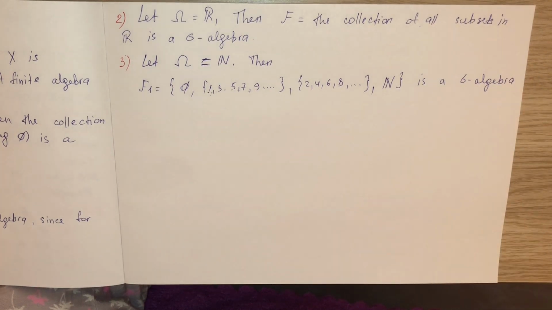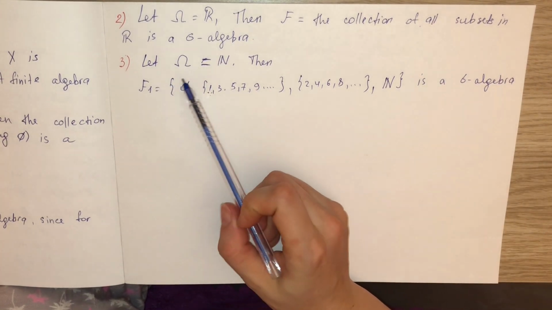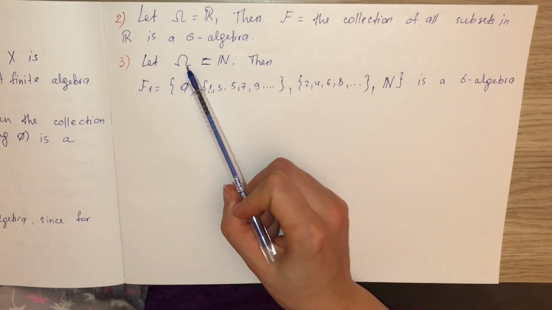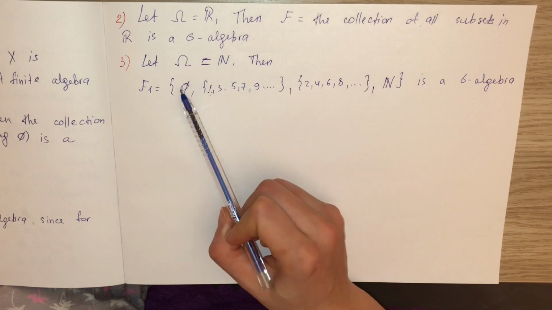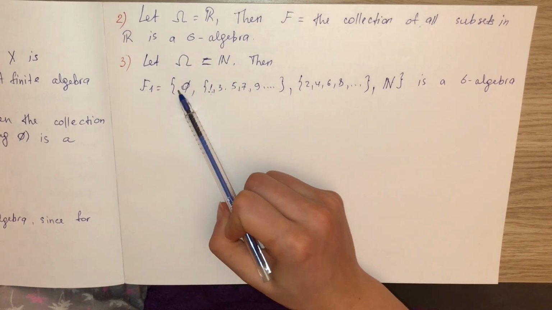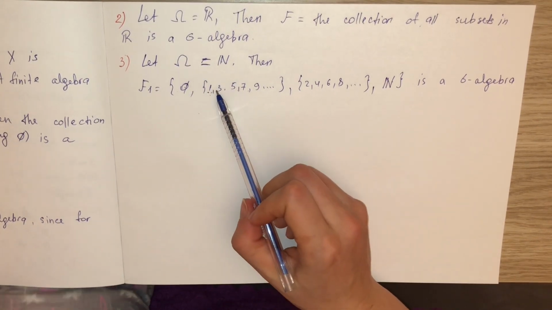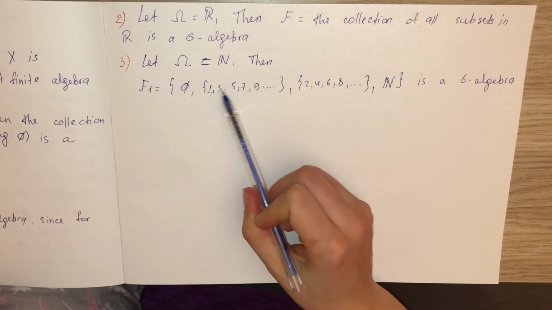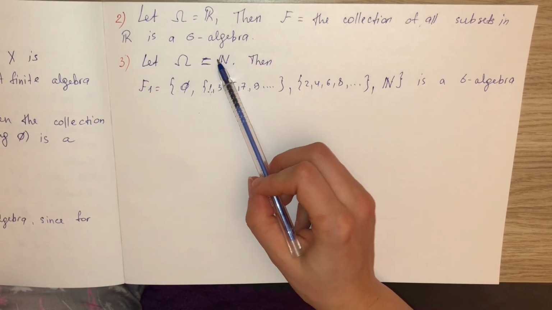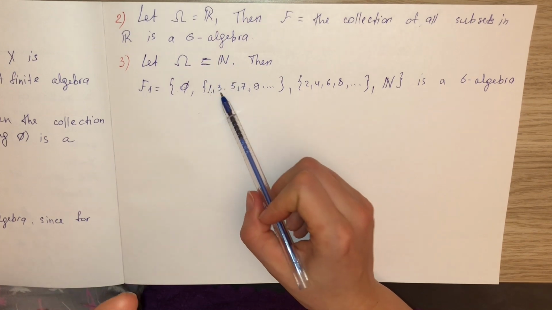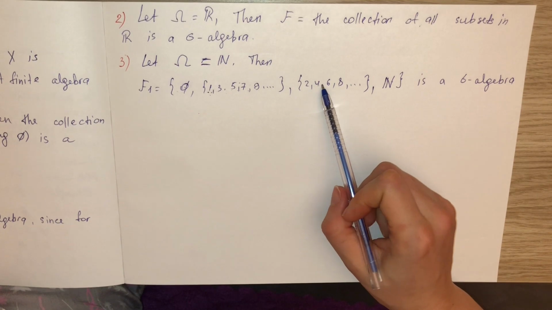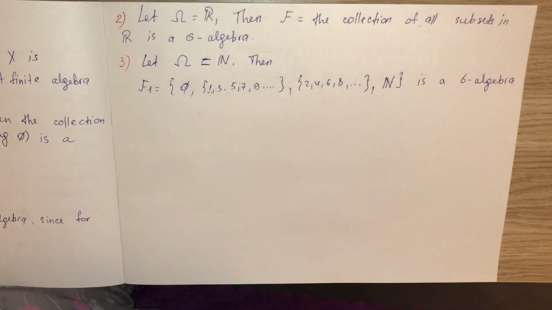Why? Because as we denoted before, the empty set and the set itself are included here, and the even number set and the odd number set are from N; the complement of the odd number set is the even number set, and the even number set is also included here.